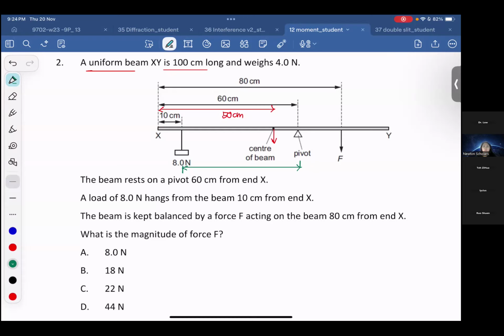If I want to count the moment for the 8 Newton, what distance should I use from the 8 Newton until the pivot? None of you can answer me, dear?